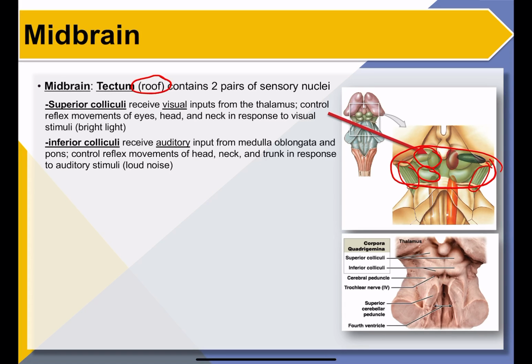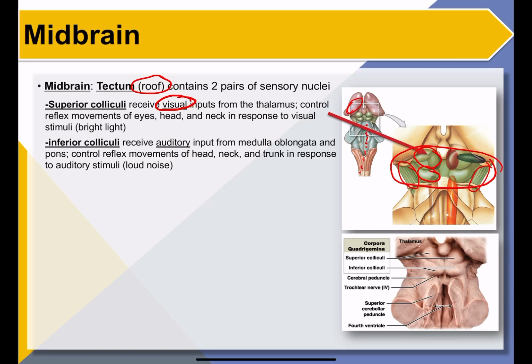This one right here on the top is called the superior colliculi, and superior colliculi functions to receive visual inputs from the thalamus. Remember that you have the thalamus right here, okay, and they can receive sensory information from the spinal cord. And if we're talking about visual and auditory, it actually doesn't have to travel from the spinal cord.